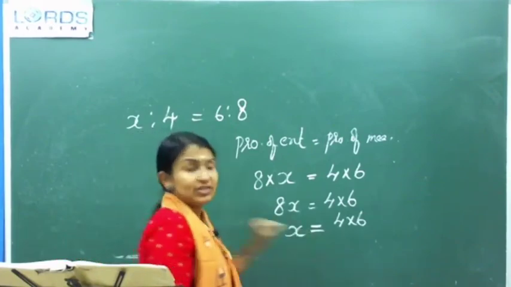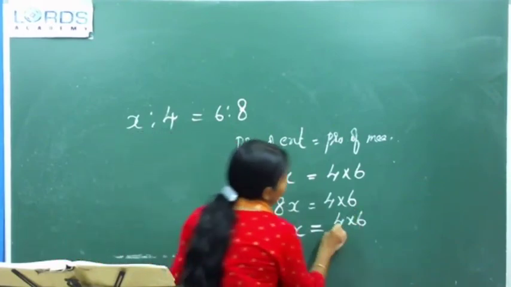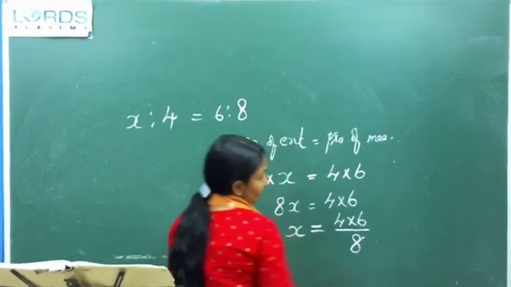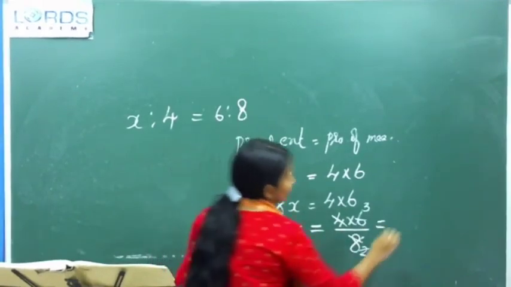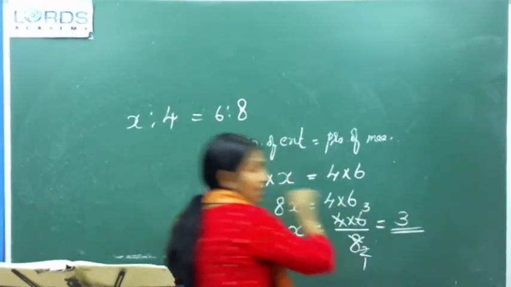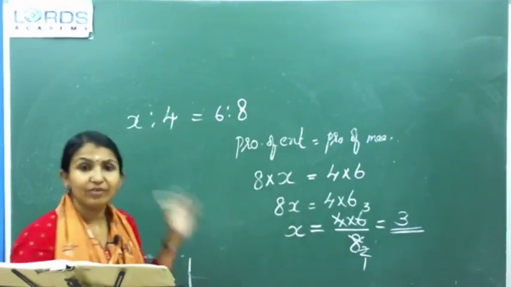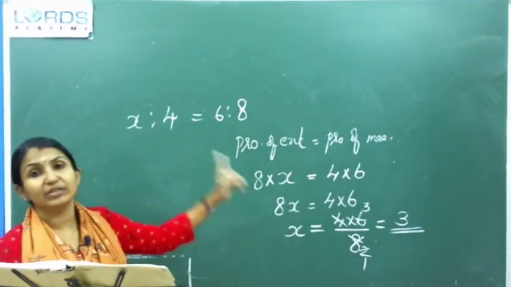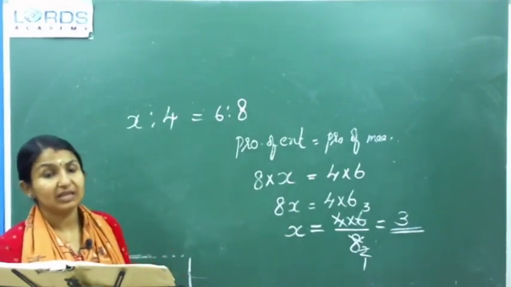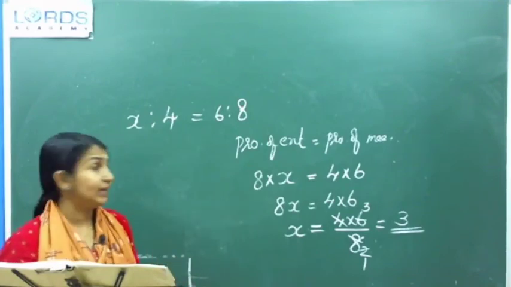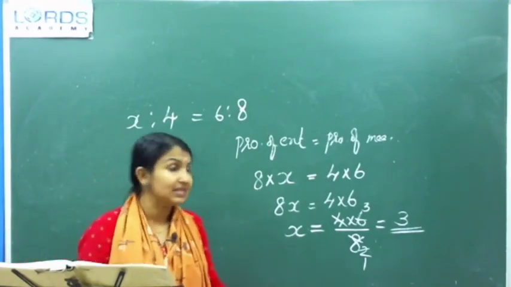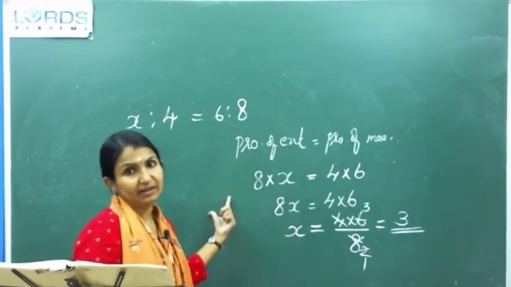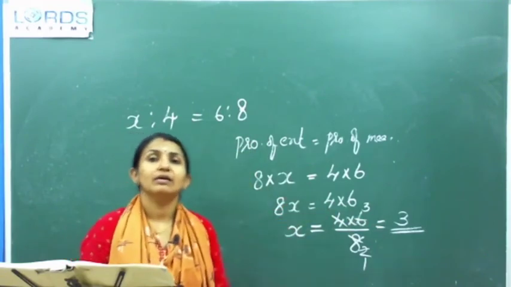When the operation changes, multiplication becomes division. What is the value of x? x is 3. So whenever we are doing this, we should write product of extremes is equal to product of means. And for the term we want to find, where is x? Try to write it on the left side and the other one on the right side.